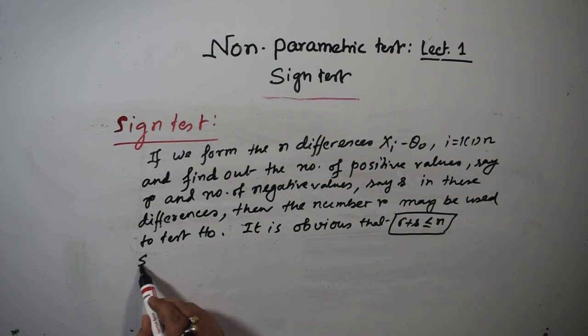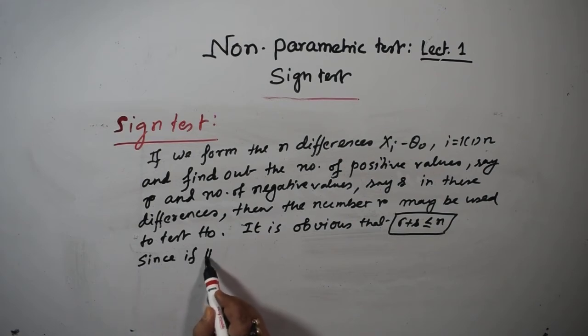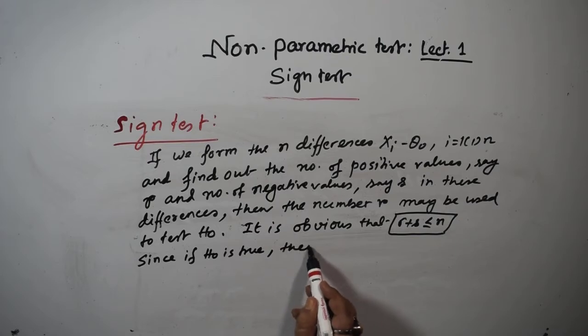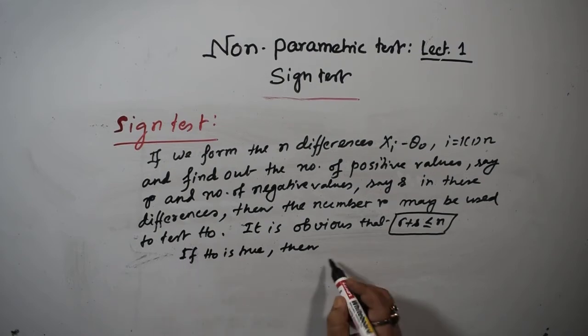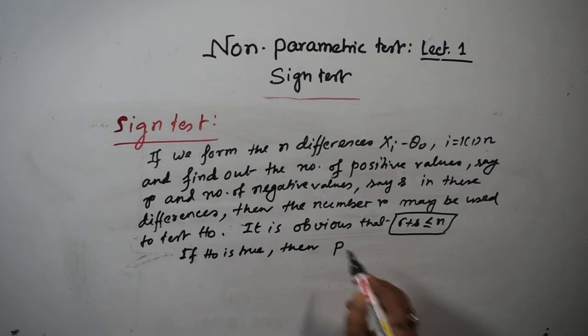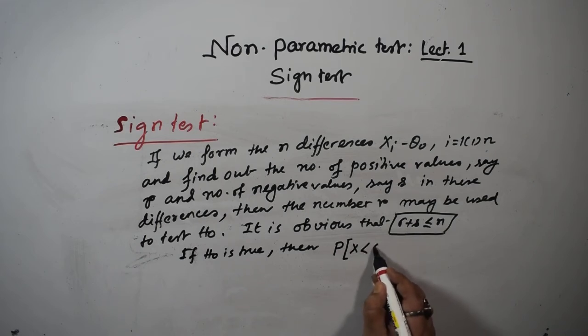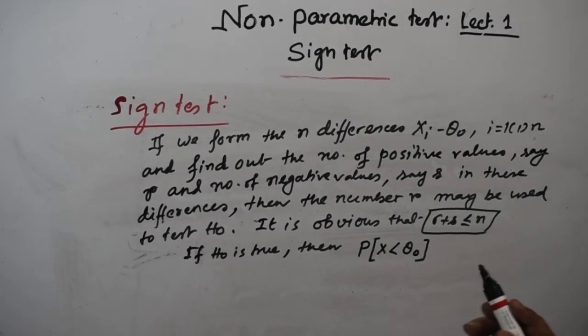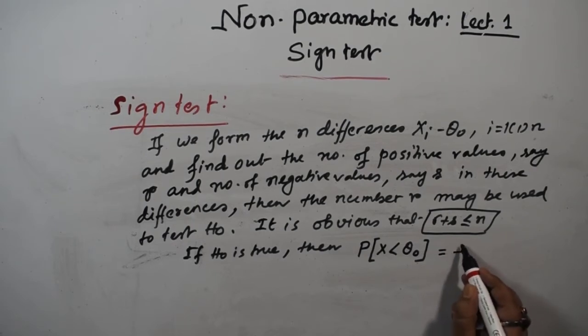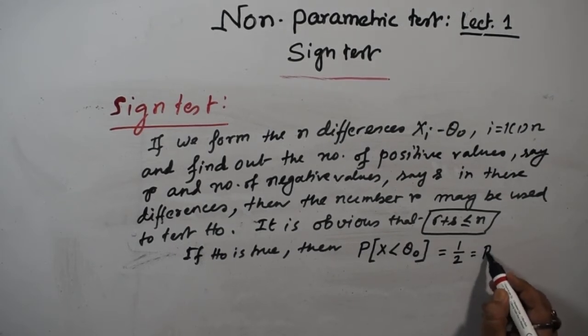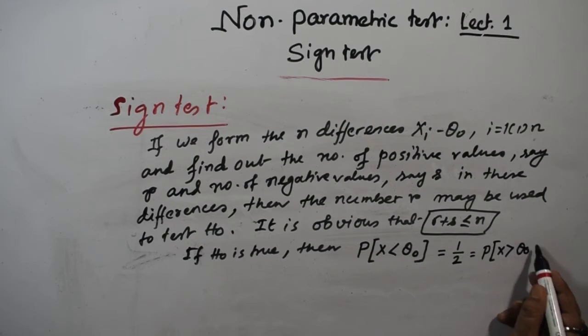Since if H naught is true, then probability X less than theta naught equals half, equal to probability X greater than theta naught.